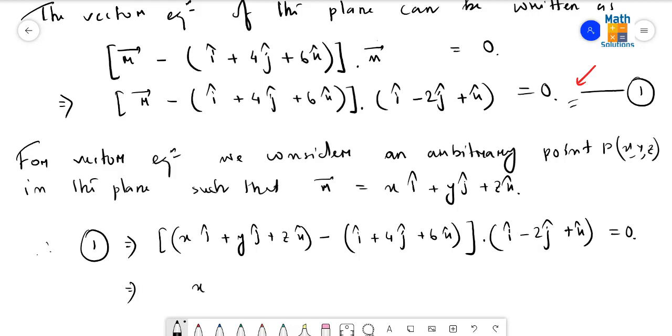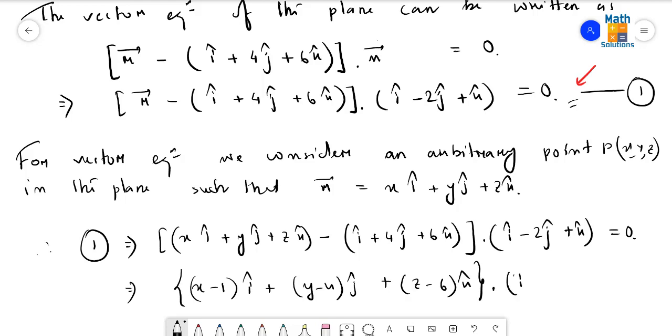So we shall be getting here x minus 1 i cap plus y minus 4 j cap plus z minus 6 k cap dot i cap minus 2j cap plus k cap is equal to 0.